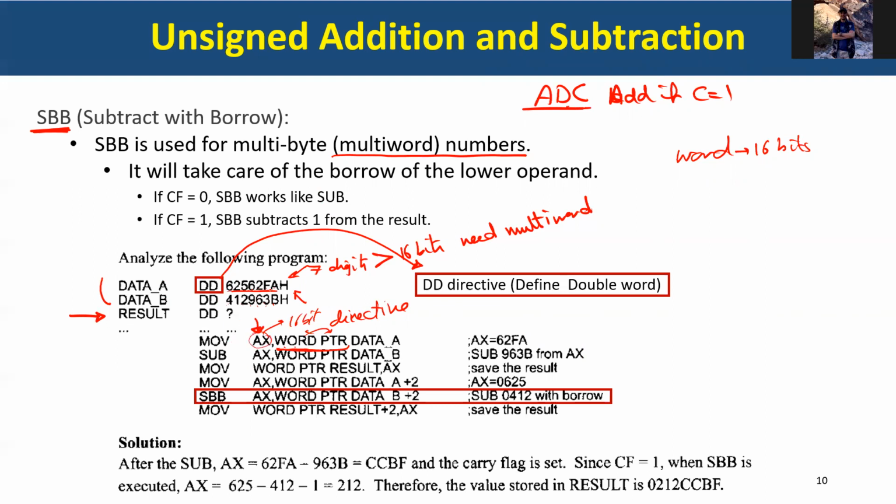AX is 16-bit, one word, so it will bring only the first word of that number, which is AF26. Then we subtract this guy, 963B, in the second step. And then we move the result, which is in AX now, into result.